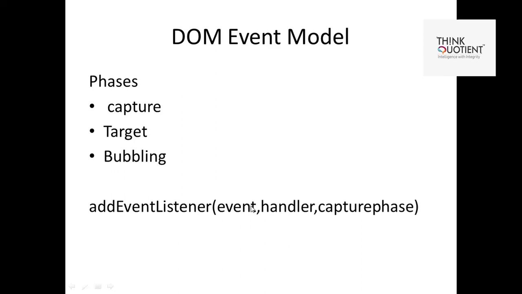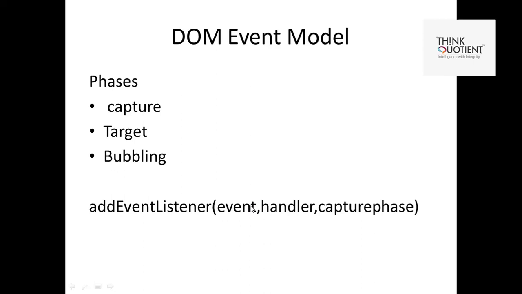The handlers and the events you're okay with. Now this capture phase, basically, is going to hold some boolean values. If you specify false over here, that means your bubbling phase will be captured, and if you say true over here, your capturing phase will be captured. Now what is this bubbling? Bubbling is nothing but the concept same as that of a bubble in the water, right?